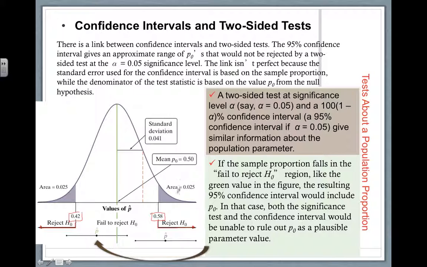And that's why they say that there's a link. It would be the same thing: a 95% confidence interval would be the same thing as rejecting to both sides for your significance test.